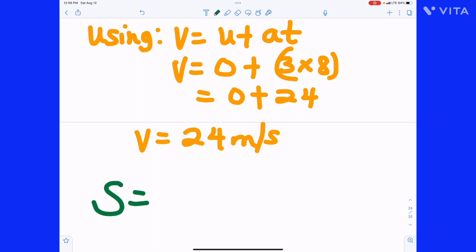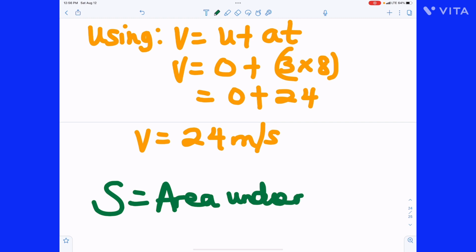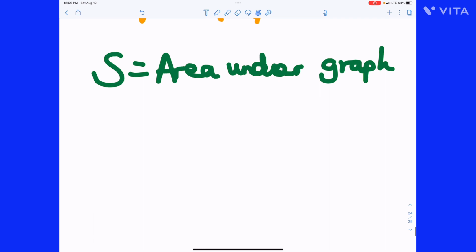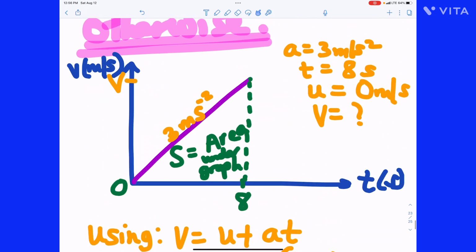Now, if I know my final velocity, I can get the area under the curve, because the distance traveled is the area under the velocity time graph. My area is half base times height, because my graph is a triangle, with height perpendicular to base. My height is 24.